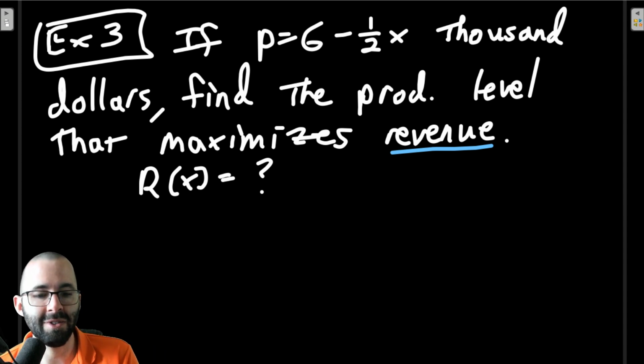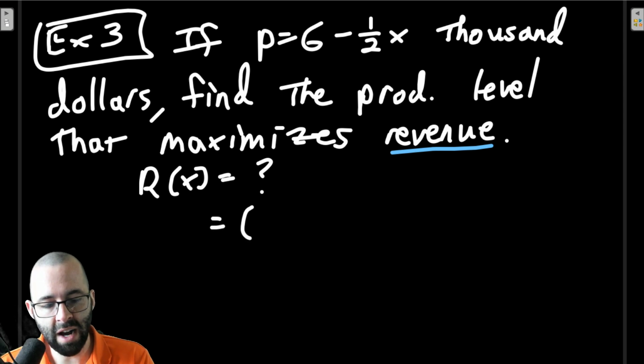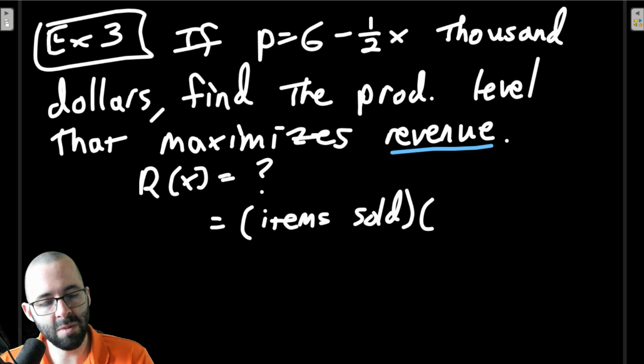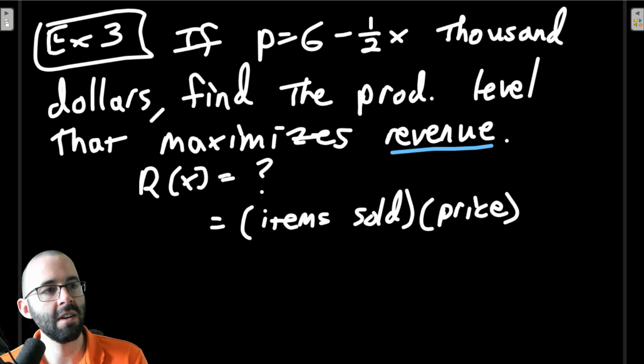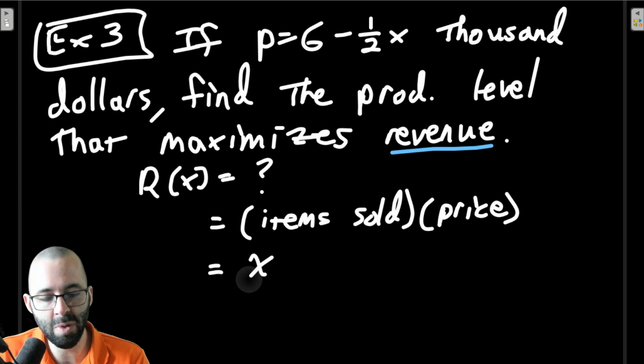We've got some variables for that. Revenue is just going to be items sold times the price that we're selling them for. So how many items are we selling? X items. X is just how many we're producing and selling. What's the price?